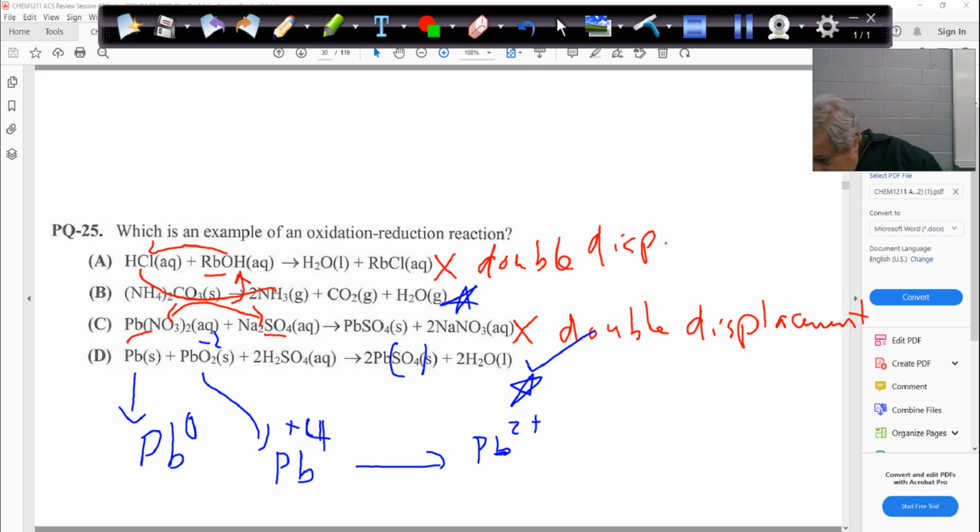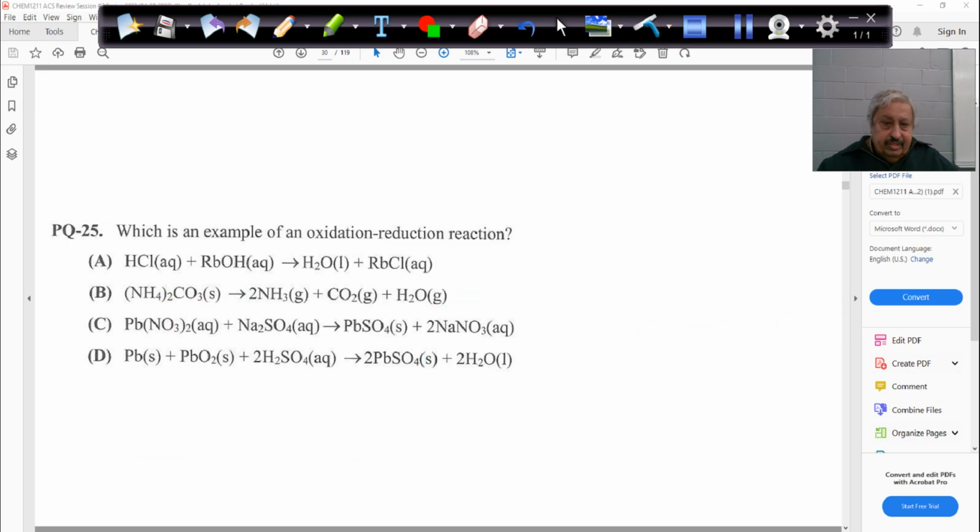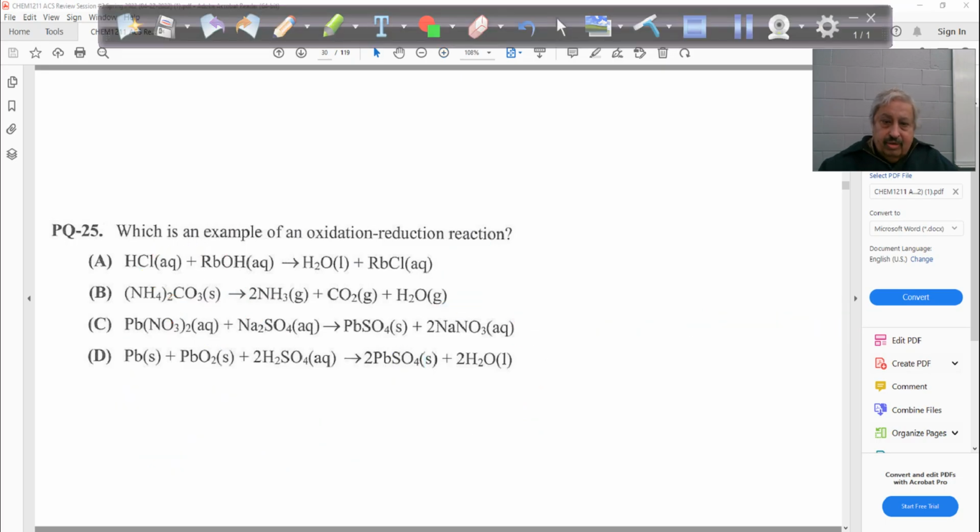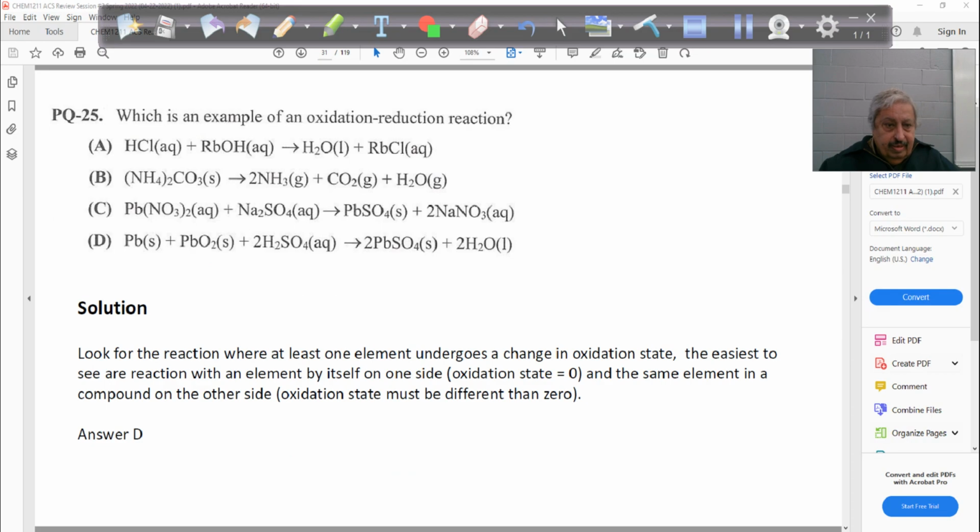In the other one, H2O came out as is, and nitrogen came out as is. So the answer is D, because you have plenty of oxidation change. The answer is D.